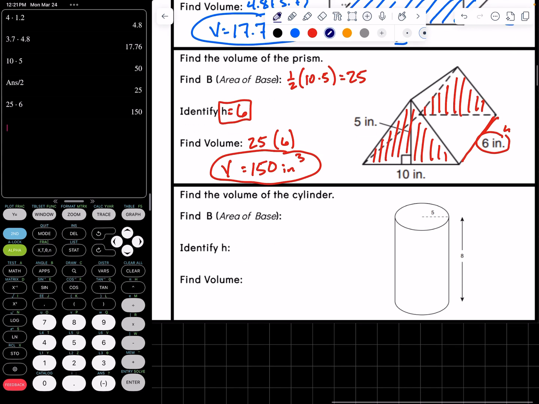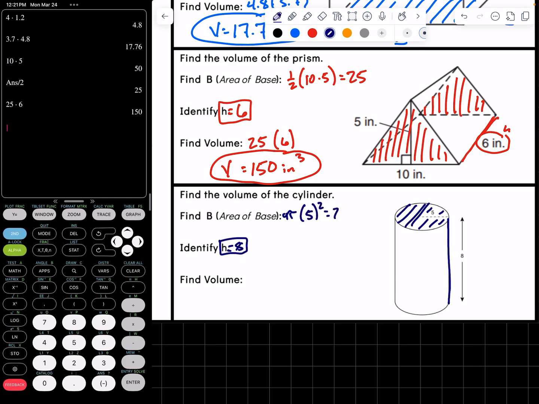For our cylinder, okay, we have this circular base with a radius of 5 and a height of 8. Okay, so my height is going to be 8. My circular base is going to be pi r squared. My radius is 5.